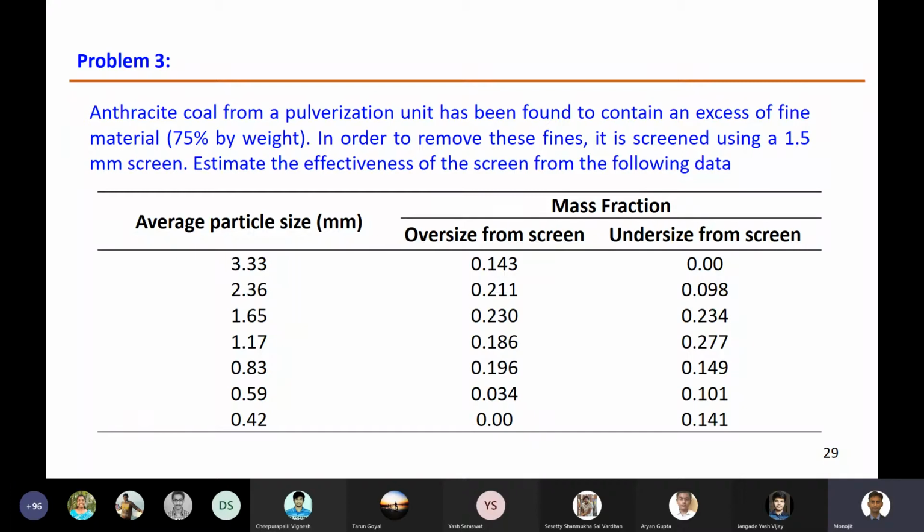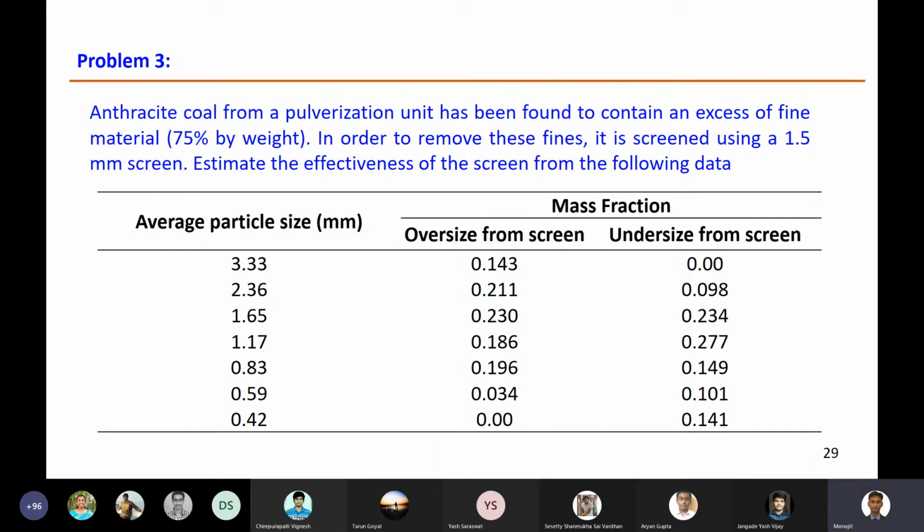So you have an anthracite coal which came from a pulverization unit and was found to contain excess fines, around 75% of the entire weight. Now the goal is to remove these fines, and for that we will be using a screen of 1.5 millimeter aperture size. Now what we have to do is estimate the effectiveness of the screen from the following data.